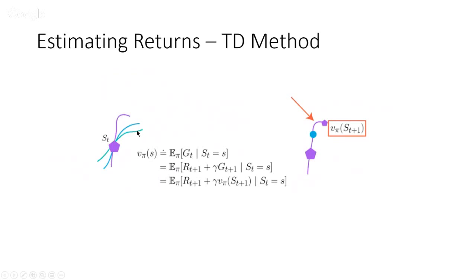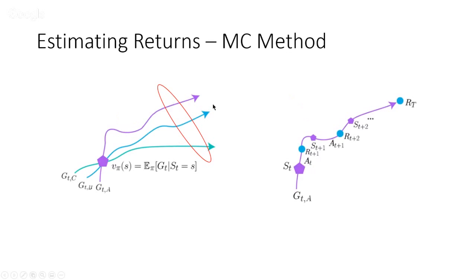So we get low variance, but it will have a high bias because again we are guessing that there won't be much variance. We are guessing this expected return. So the TD method has low variance but high bias, whereas the MC method has high variance but low or almost zero bias.